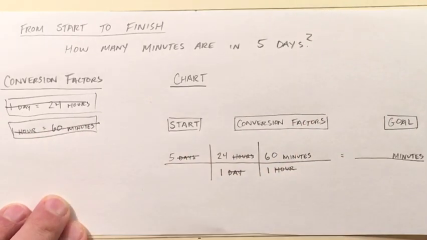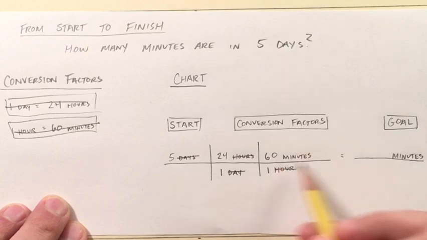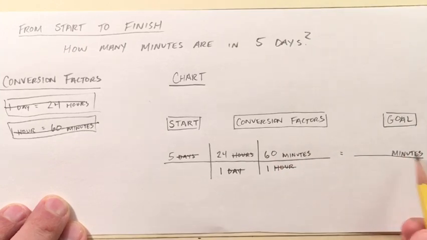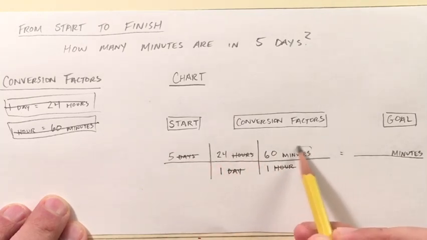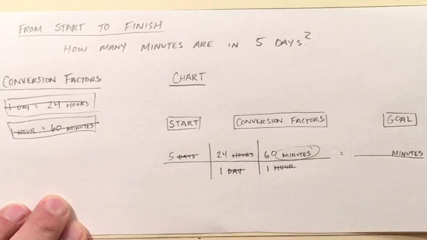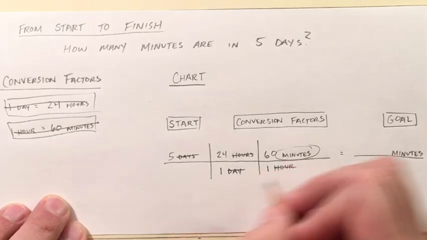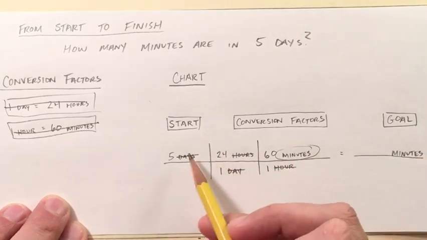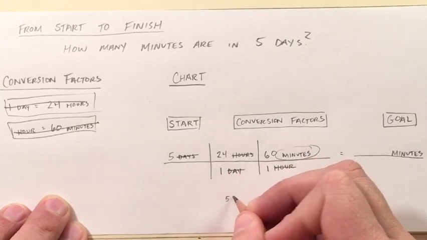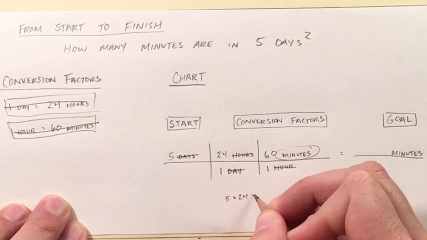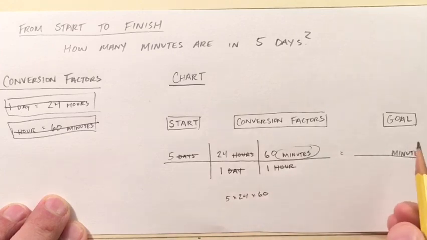I use that conversion factor, can't use it again, but I am already at my goal unit. I'm at minutes, so I don't need any other conversion factors. Days canceled out, hours canceled out, I only have minutes left. Now I can go ahead and do the math. So you can plug this in your calculator. We want to multiply everything that's in the top. So 5 times 24 times 60, right?